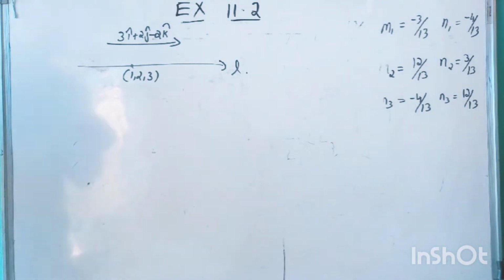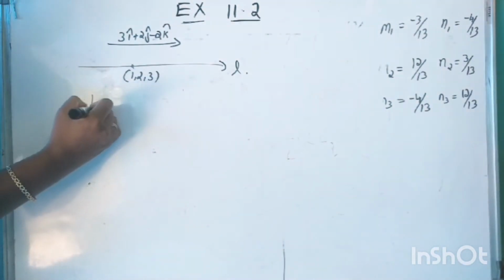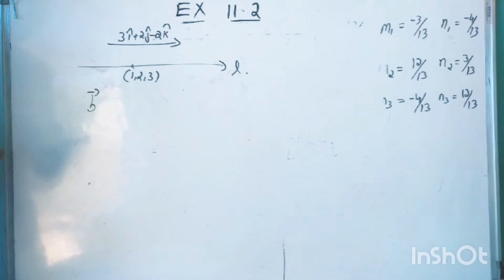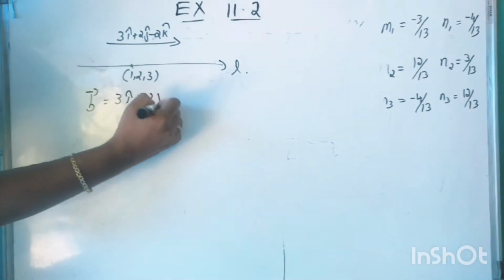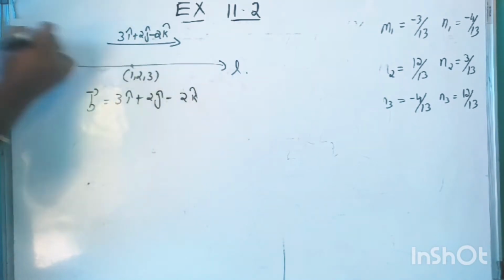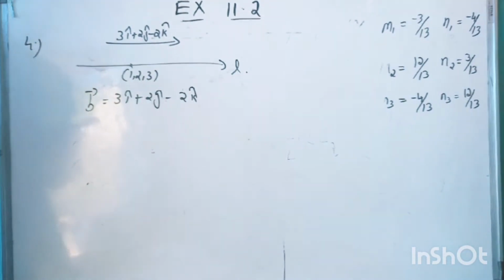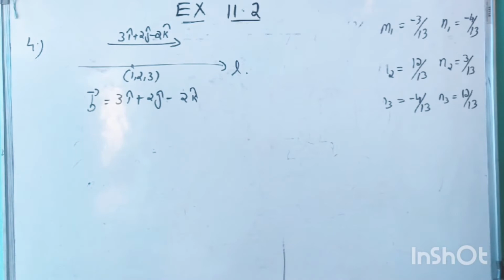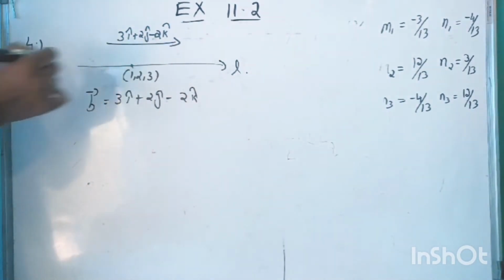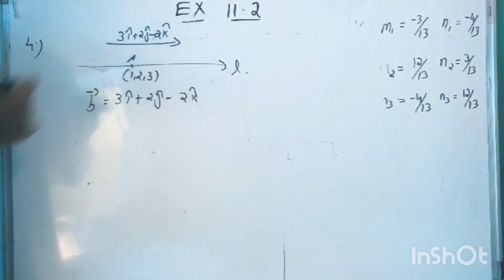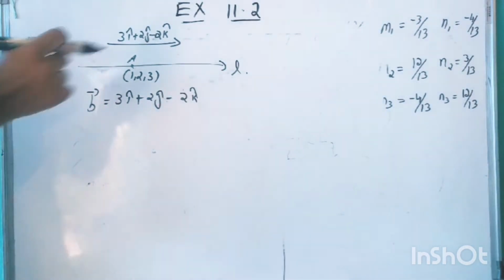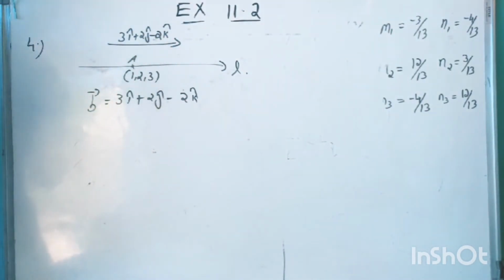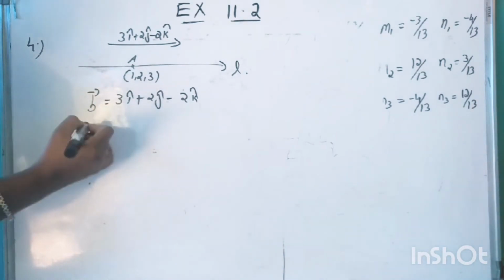In that case, we take this parallel vector as our B vector. So B vector is given in the question, 3i plus 2j minus 2k. And the point is also given, that is our point A. In the derivation, we took the position vector of the point A as A vector.